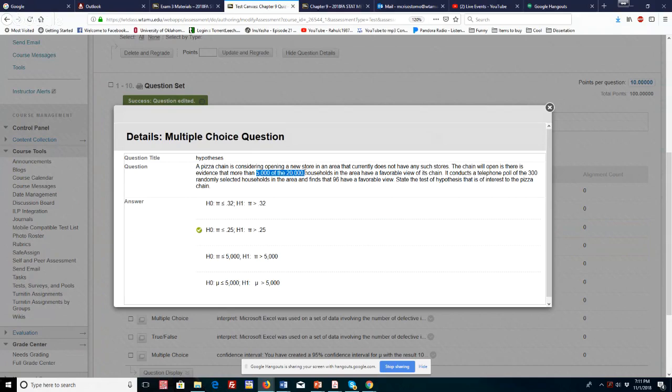If this is what we're trying to prove, that the chain will open if more than 5,000 of the 20,000 households have a favorable view of the chain, that becomes our alternative hypothesis. So here's where we have the proportion is greater than 0.25. And then our null hypothesis is just the opposite, that it is less than or equal to 0.25.